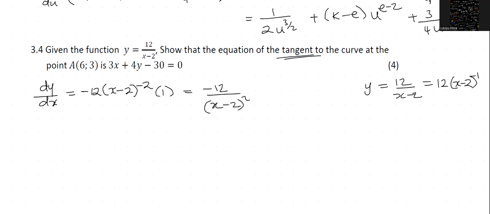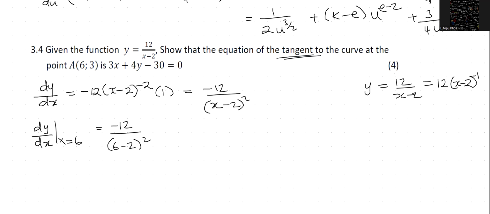Okay, now I work out the specific gradient when x is equal to 6. So the gradient when x is equal to 6, we have minus 12 over (6 minus 2) squared.